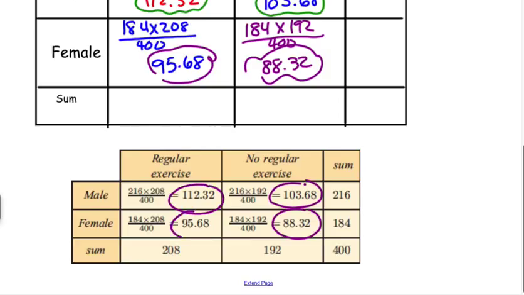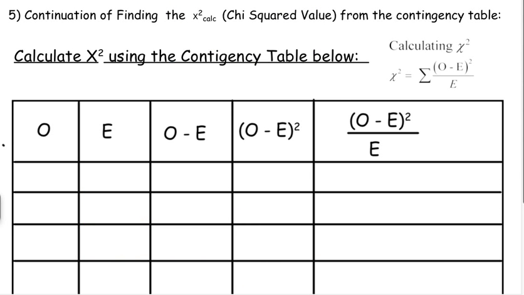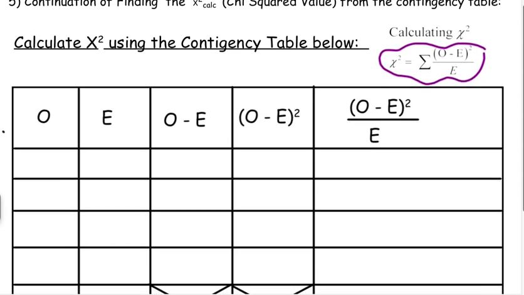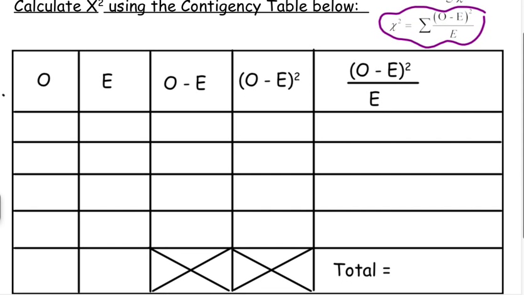All right, now we're going to go ahead and do our calculating of the formula. So we have our observed and our expected.